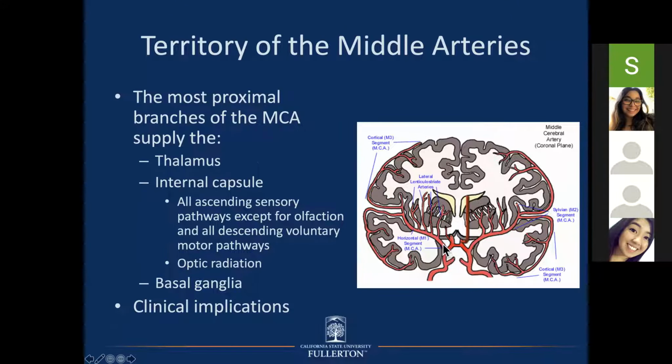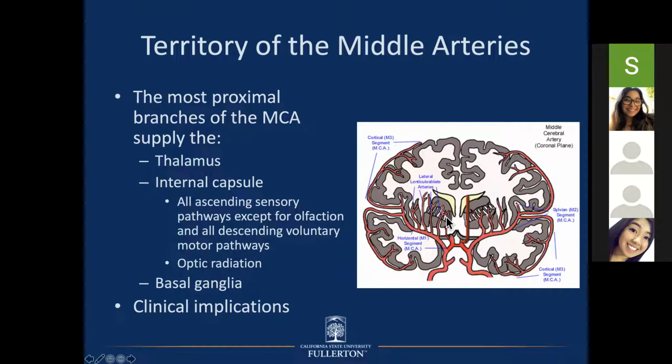And then here is a good image of the base of the middle cerebral, and you can see that it goes out and divides and supplies blood to most of the side of the cerebrum. But importantly, for our question here, which is part A, the lenticulostriate arteries branch off of it and provide blood to the internal capsule.